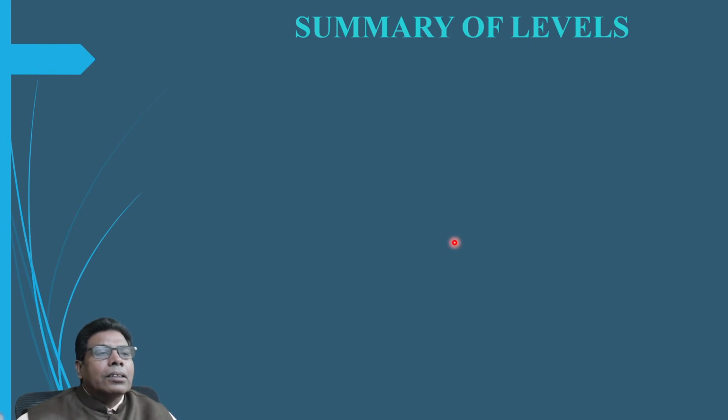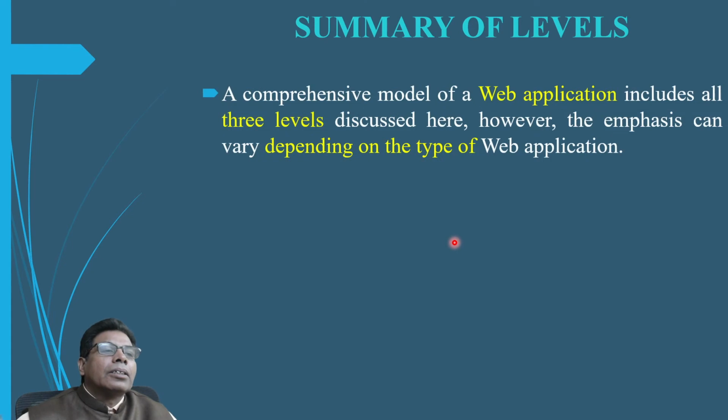Then let us come to the summary of the levels part. So here a comprehensive model of web applications includes all three levels discussed here. However, the emphasis can vary depending on the type of web application. So we have discussed the content, hypertext and presentation, these three levels.